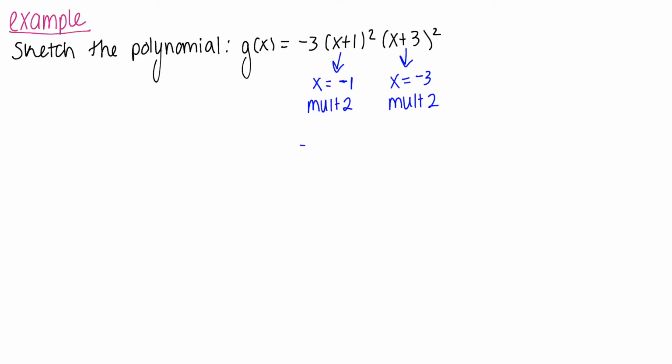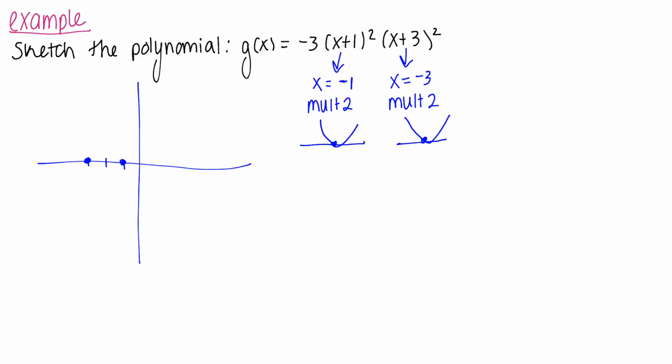Both of these multiplicities are even, which means it's going to bounce at those zeros. So if I go ahead and make myself a graph here, there's -1, I have an x-intercept there, -2, -3, and I have another x-intercept here.